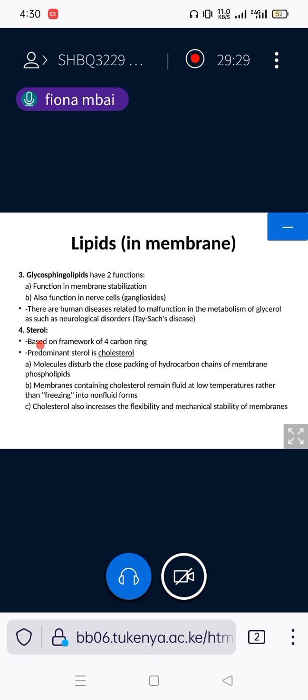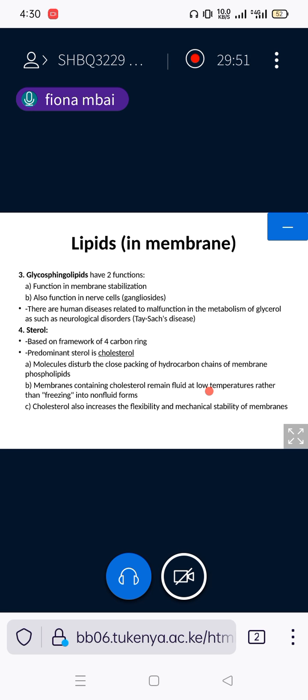And sterol is based on the framework of the 4-carbon ring of cholesterol. Molecules disturb the close packing of the hydrocarbon chains of membrane phospholipids. And also membranes containing cholesterol remain fluid at low temperatures.